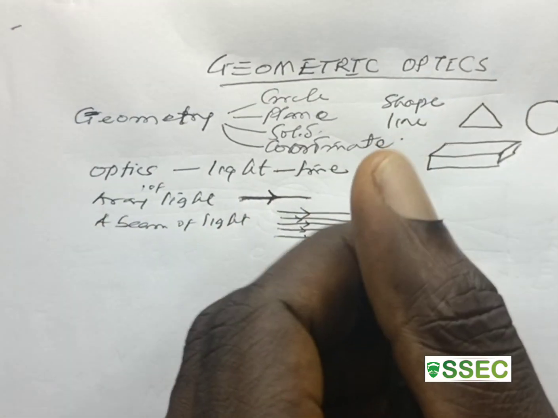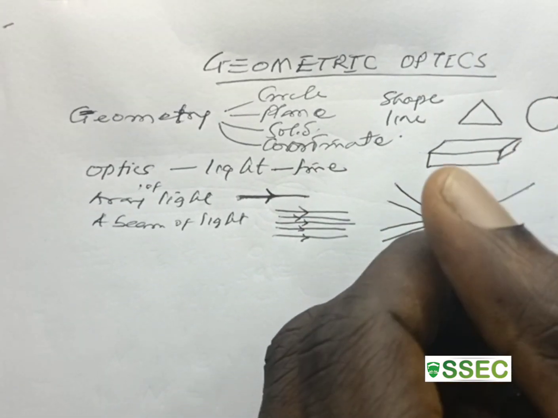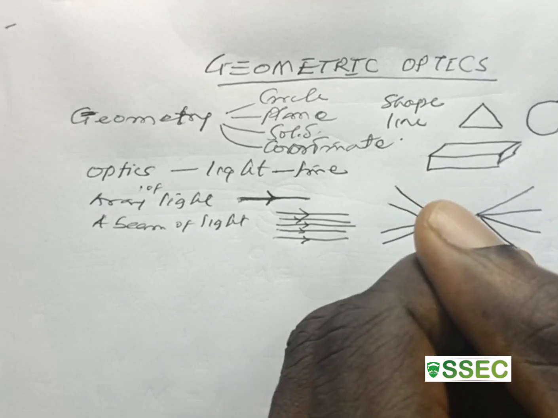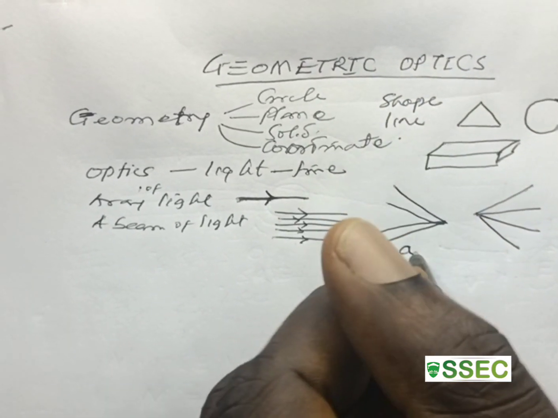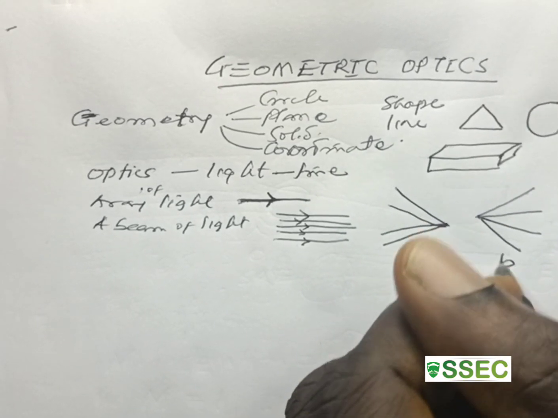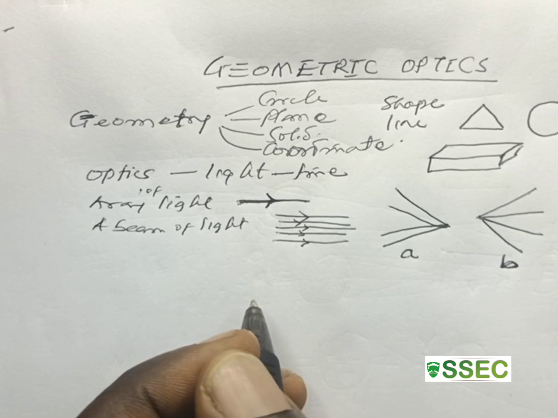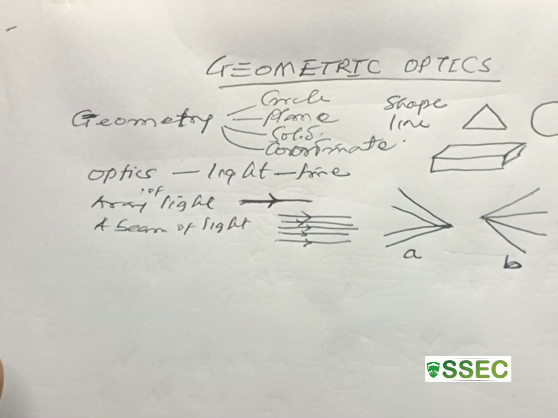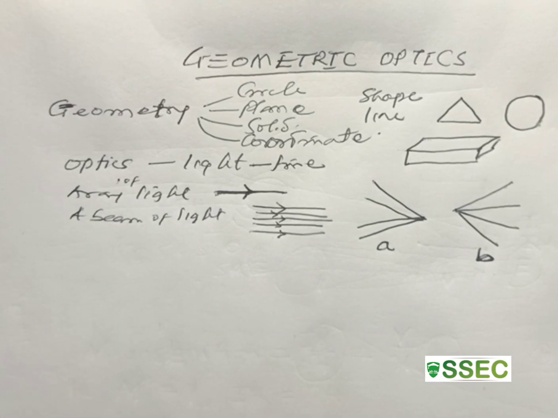So a beam can be said to be convergent, or it can be said to be divergent. So if we name this guy A and we name this guy B, and I ask you which of them is a convergent beam, which one will you say is a convergent beam?